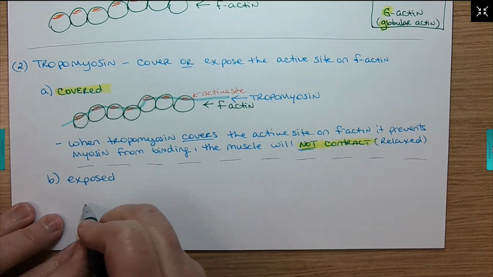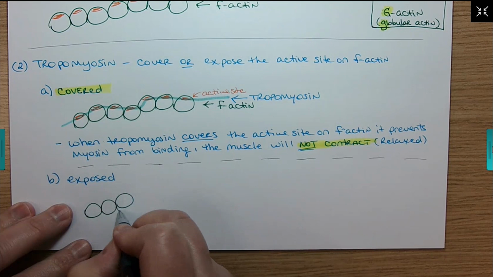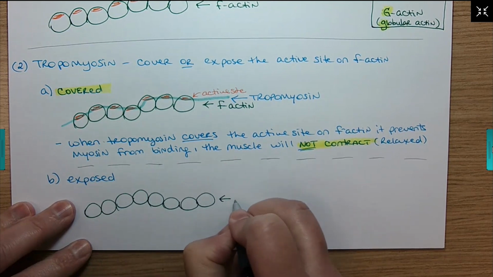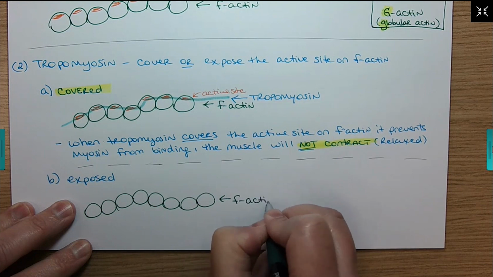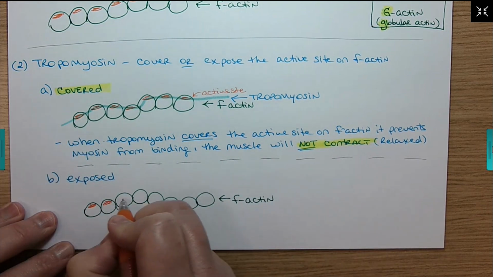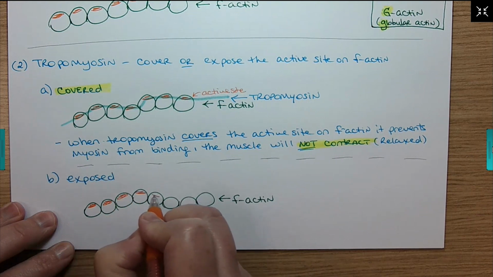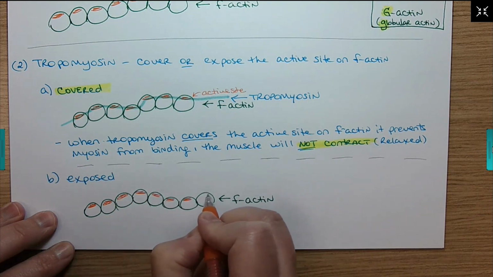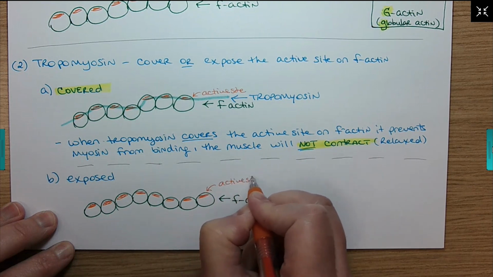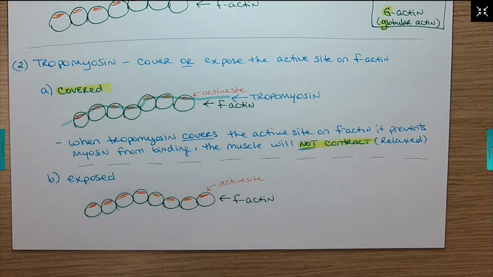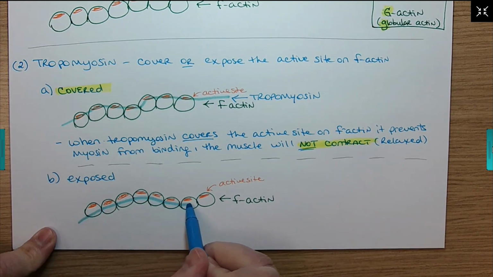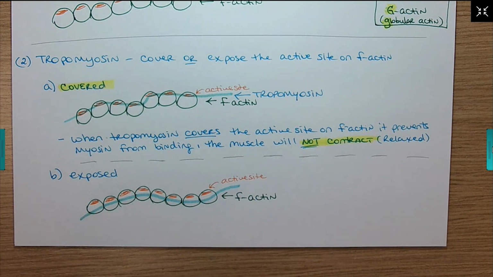So we're going to draw our F-actin again, with its active sites. But this time, our tropomyosin is not going to be covering the active site.